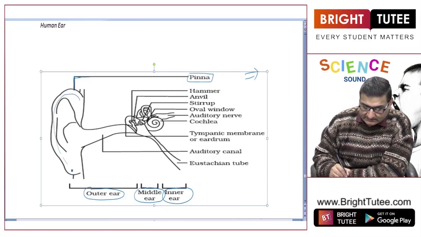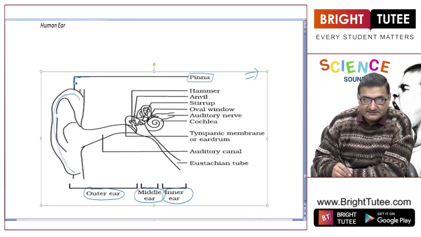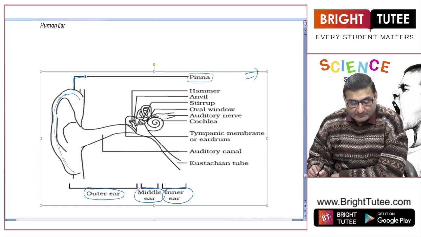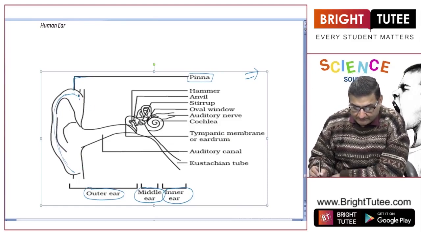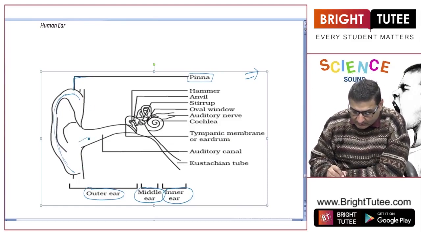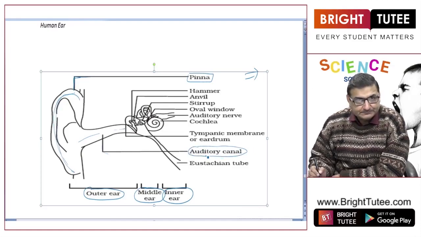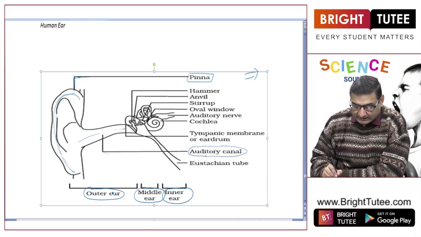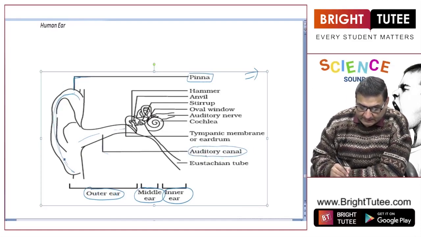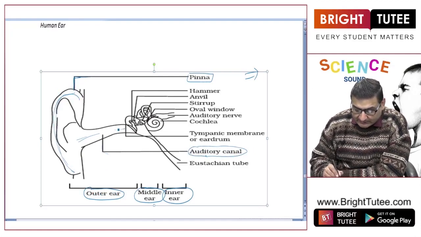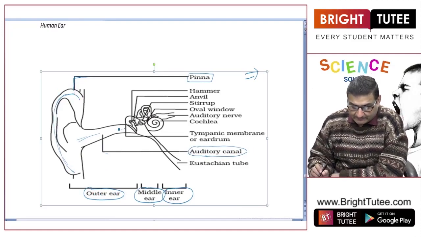This is the part which is actually visible in all human beings. This is outside our body, and this long tube is known as the auditory canal. So the outer ear consists of the pinna and the auditory canal or ear canal.